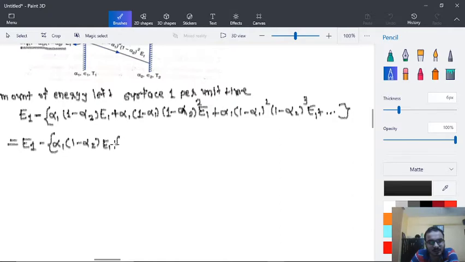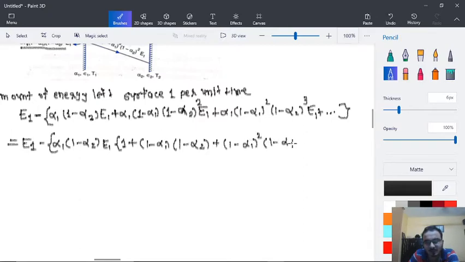So what we will get now, 1 plus 1 minus alpha 1 into 1 minus alpha 2, plus 1 minus alpha 1 square whole square into 1 minus alpha 2 whole square, plus so on.